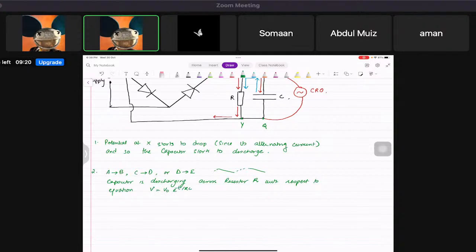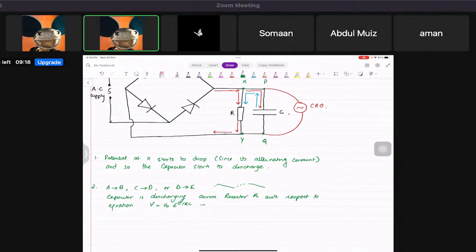And that is the reason because potential at X becomes lower than potential at P. Here's P, here's X. All right, I hope that's clear. Let me know if you have a question now.